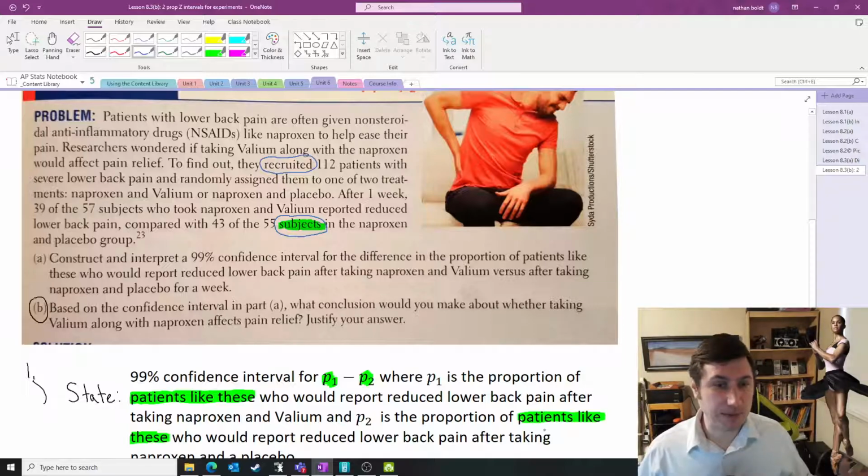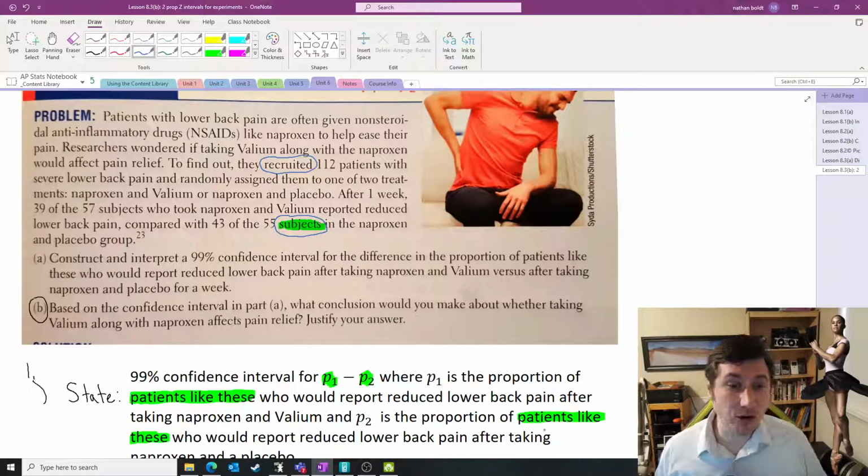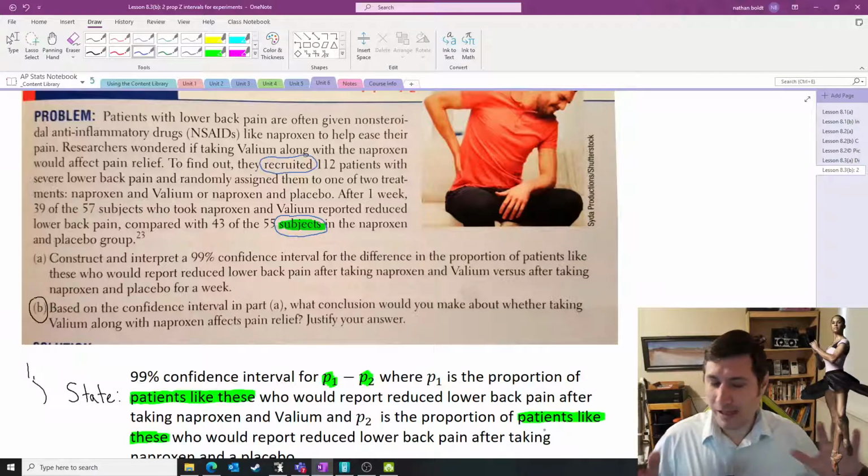If the people we recruited had a certain characteristic, that is kind of important, like back pain. What if these were all office workers, and we got the results for this experiment about office workers? Well, we wouldn't necessarily want to generalize these results to construction workers. So I hope that makes some sense.